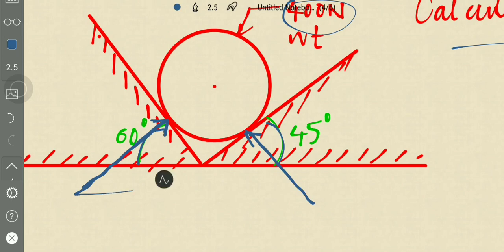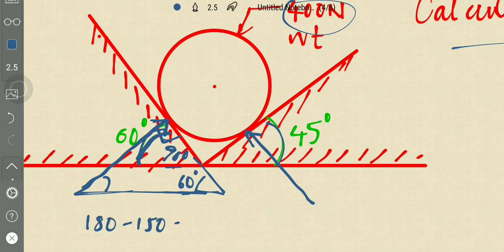Let us calculate the angles. As this is 60 degrees, this will be 60 degrees. This is 90 degrees. So 90 plus 60 is 150 degrees. 180 minus 150 will be 30 degrees. This is 30 degrees, because the sum of angles in a triangle is 180 degrees.